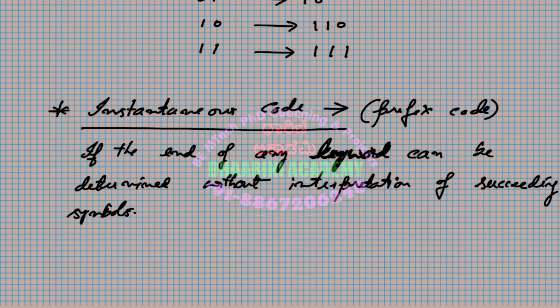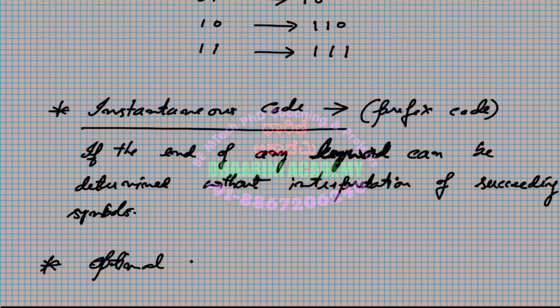Then we have one more type, the last type, called optimal code.